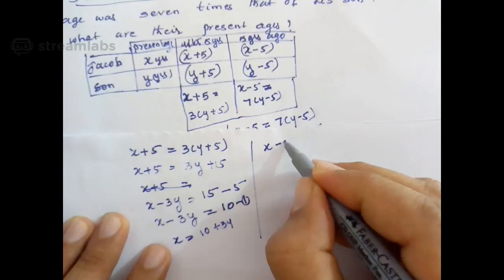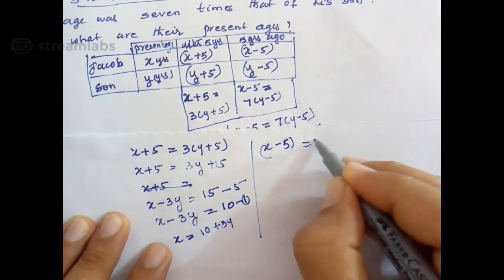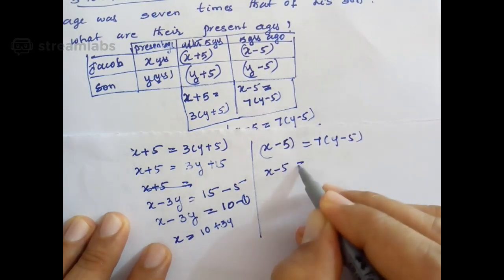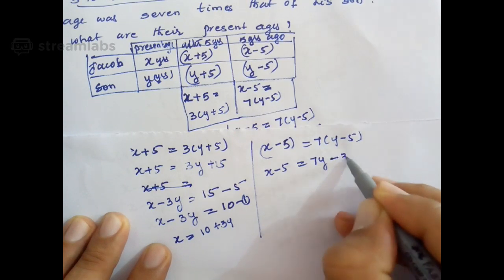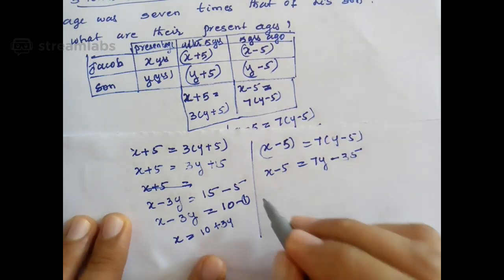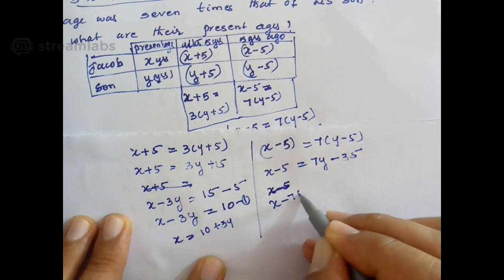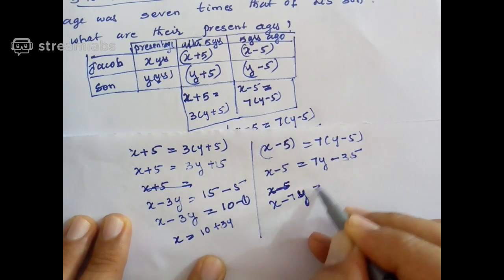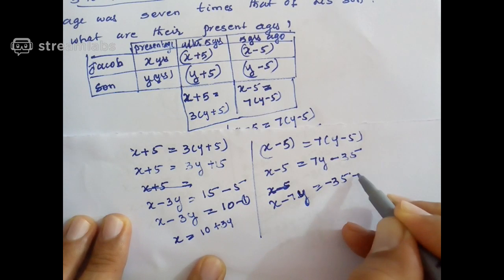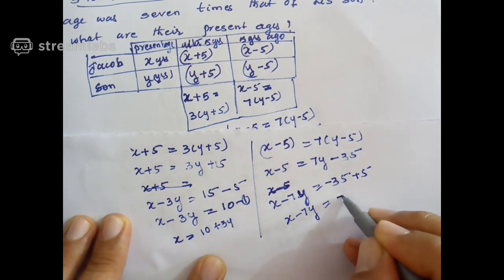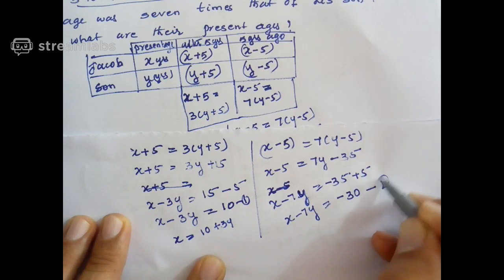And x minus 5 is equal to 7 into y minus 5. x minus 5 is equal to 7y minus 35. Then x minus 7y is equal to minus 35 plus 5. So x minus 7y is minus 30, equation number 2.